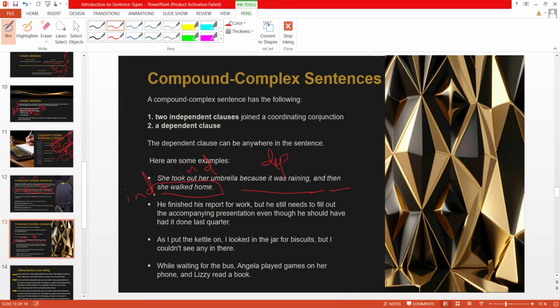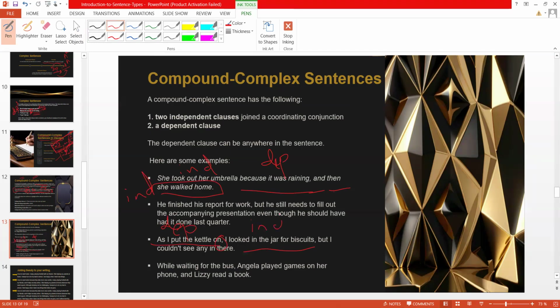Independent, dependent, and independent clause. Now it is not necessary to put it in the same way. For example, if we take the third sentence: As I put the kettle on, this is a dependent clause, and that is the reason why we have placed this comma here. I looked in the jar for biscuits.